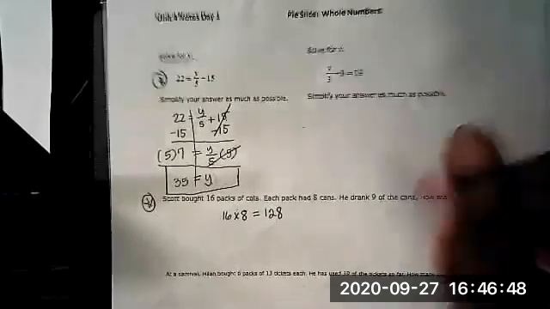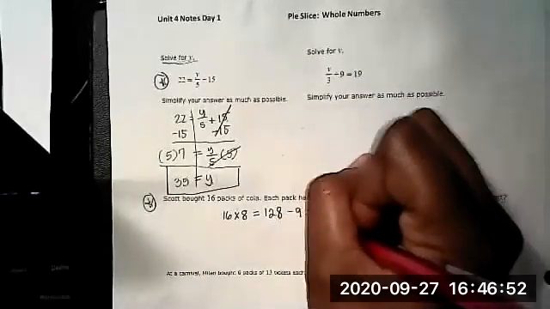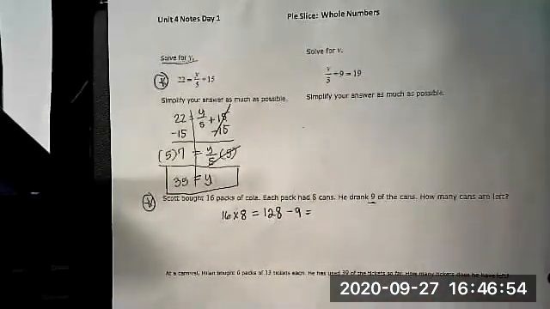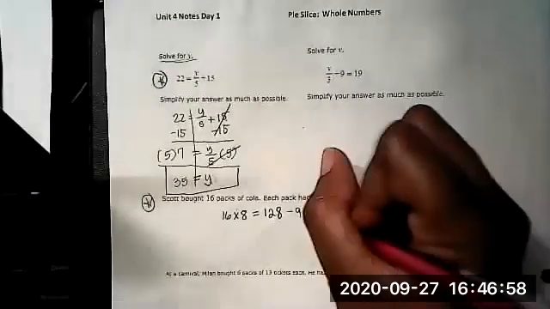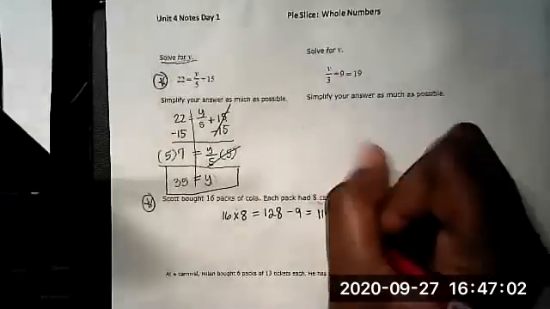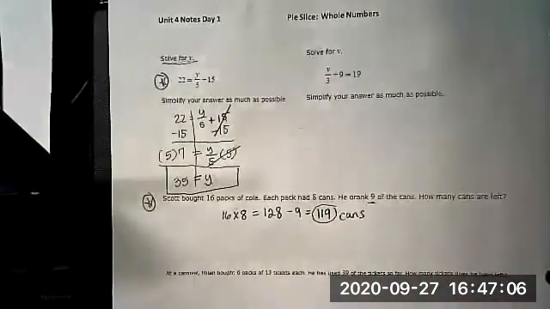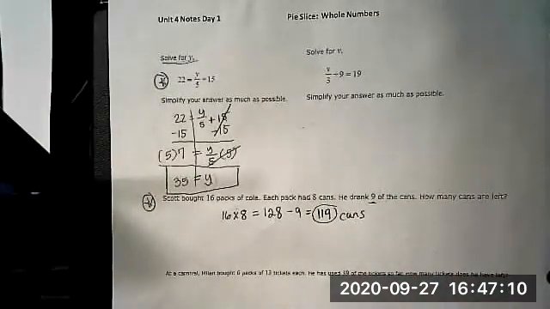But it says he drank 9 of them, so I'm going to subtract 9 from that. 128 minus 9 is 119. So how many cans are left? 119 cans are left. All right, there you go. He's thirsty.